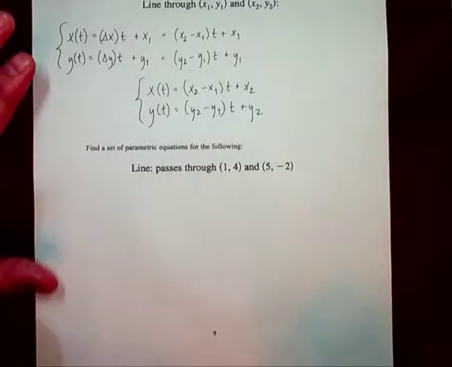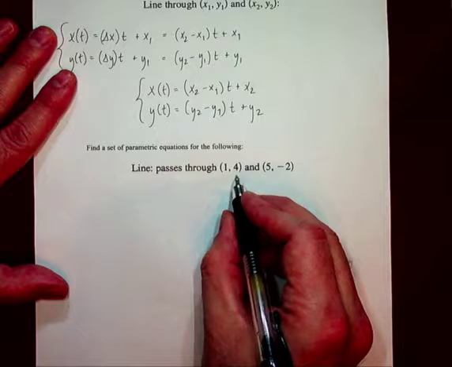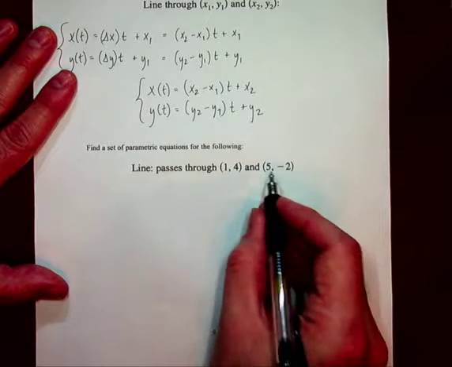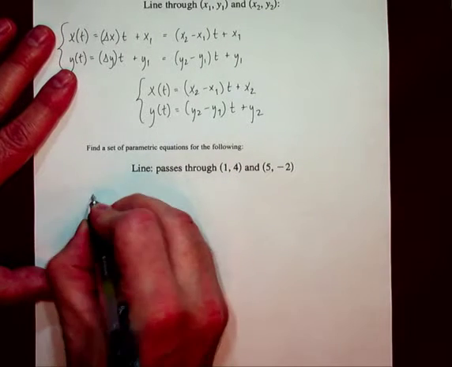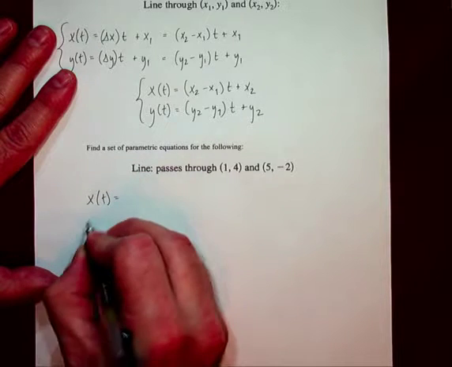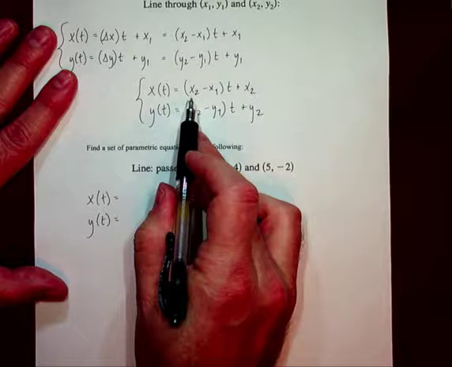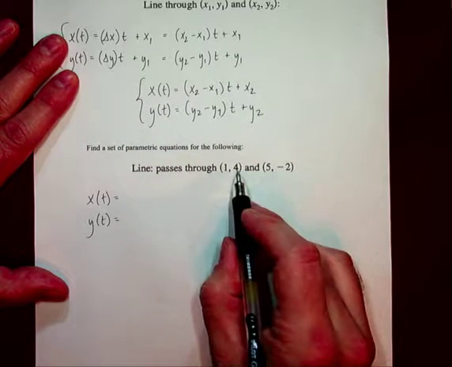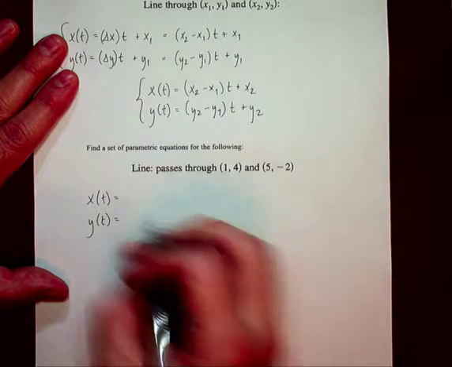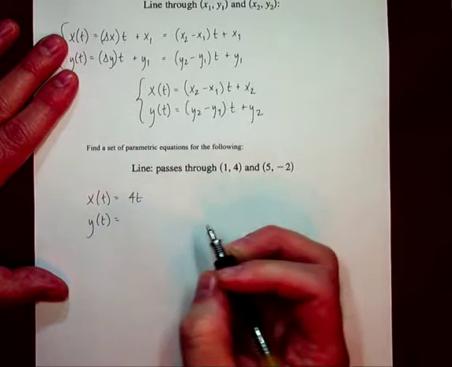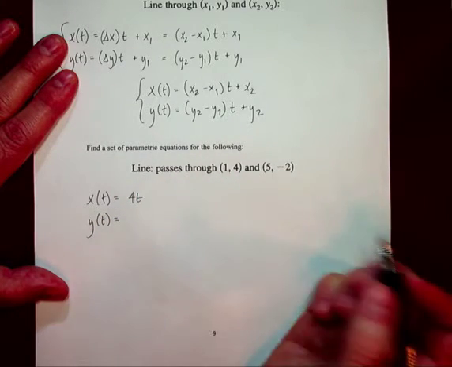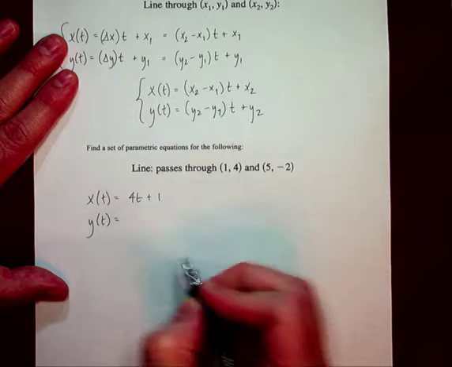Okay. So what we have here is this is your x1, y1. This is your x2, y2. And what we need to formulate is basically your x2 minus x1. So how about 5 minus 1, which is 4. And then plus, let's just use the x1, plus 1.